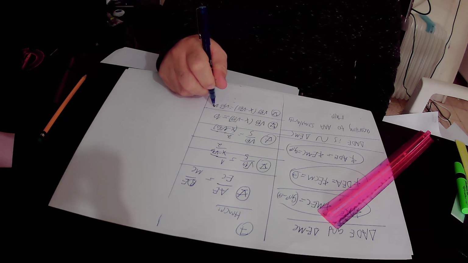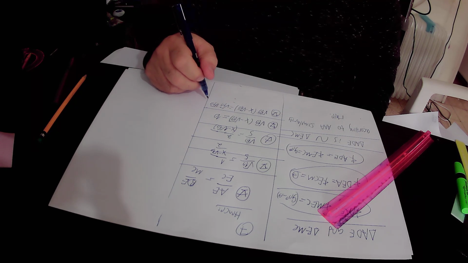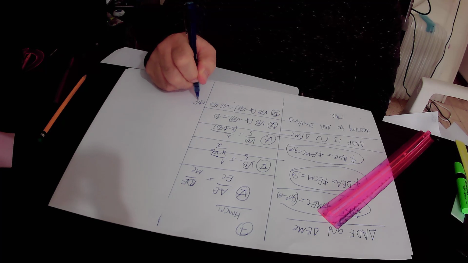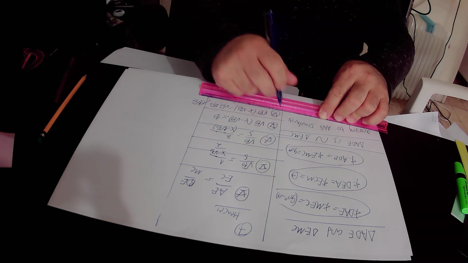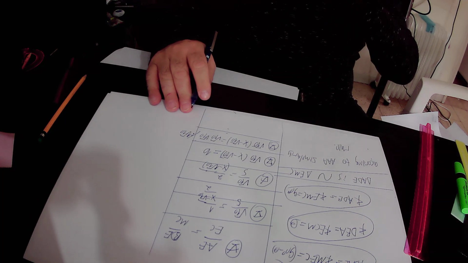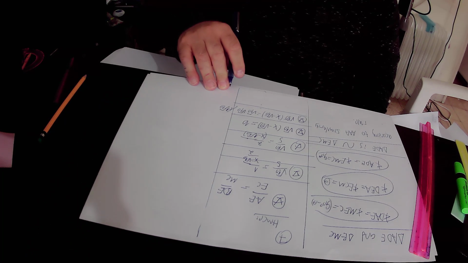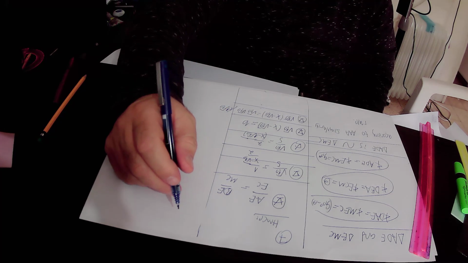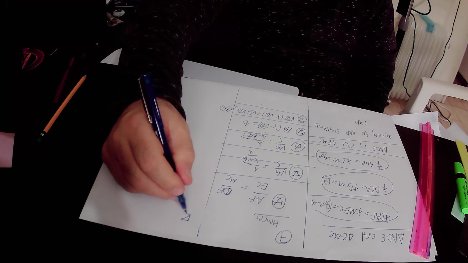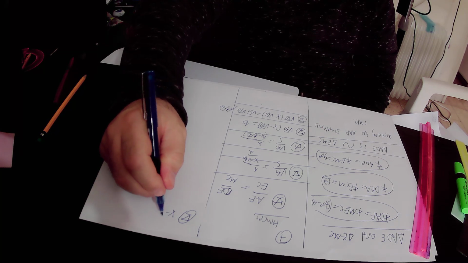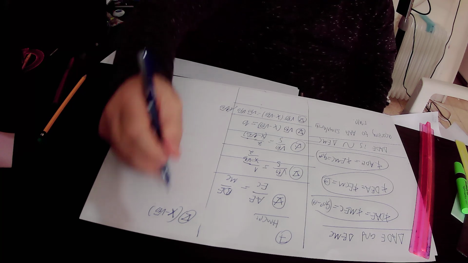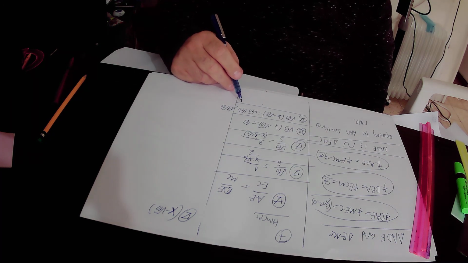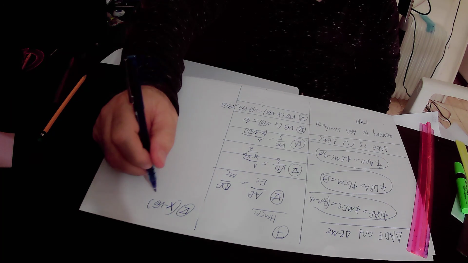and then we divide this equation by square root of 10. So we get that square root of 10 times square root of 10 over square root of 10 is square root of 10 on this side, and on the other side we are left only with x minus square root of 10.